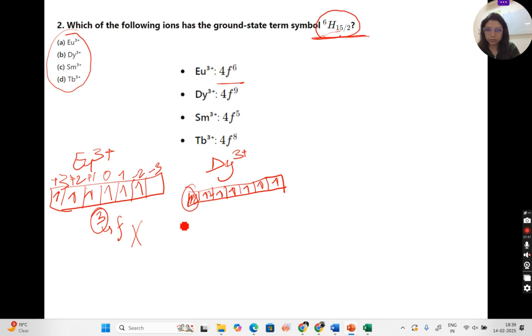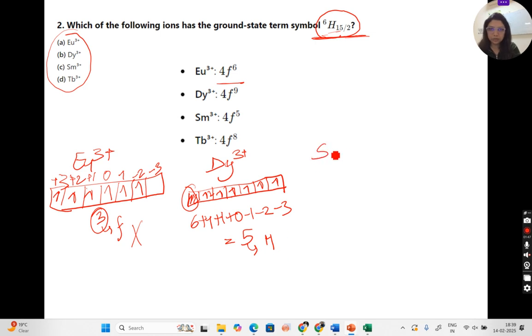So we can simply write 3 into 2, 6 for this, 2 into 2, 4 for this, plus 1, plus 0, minus 1, minus 2, minus 3, which gives us 11 minus 6, that is 5. 5 corresponds to H. So this could be our answer.